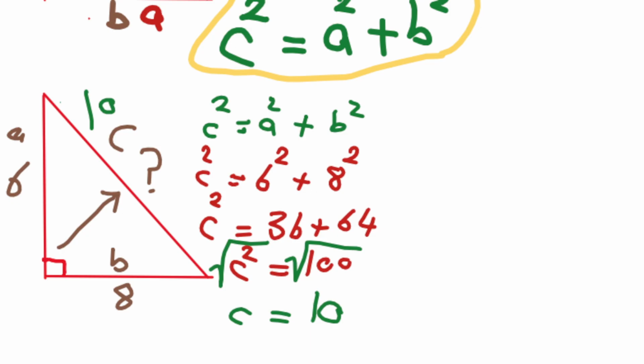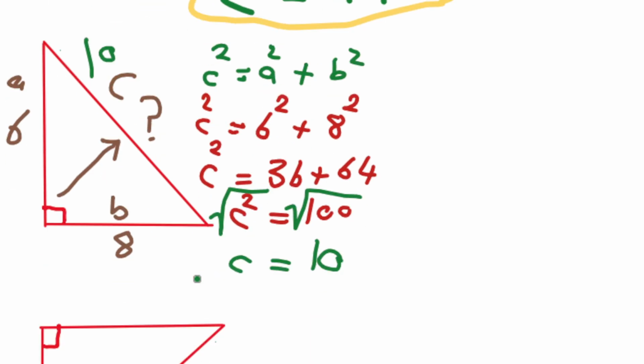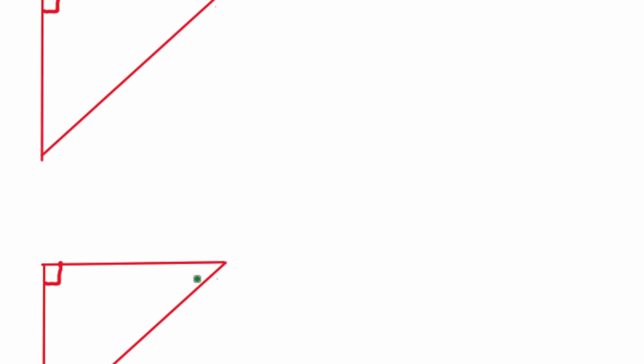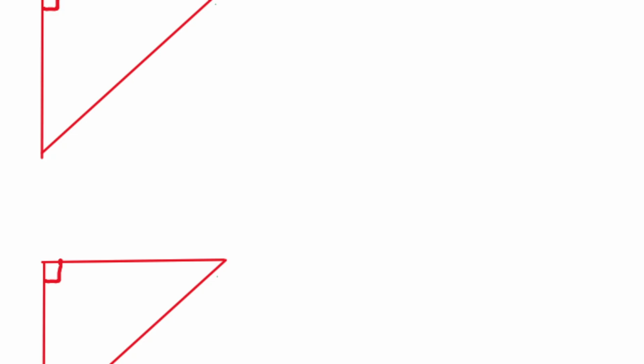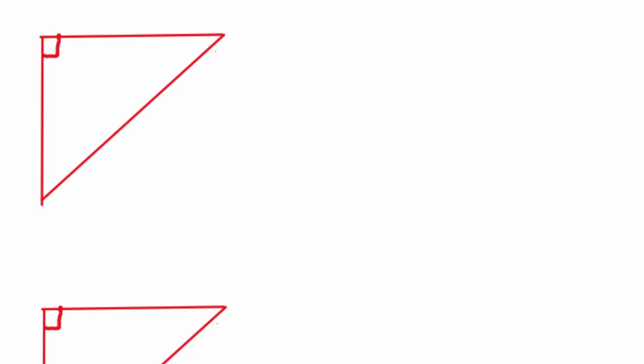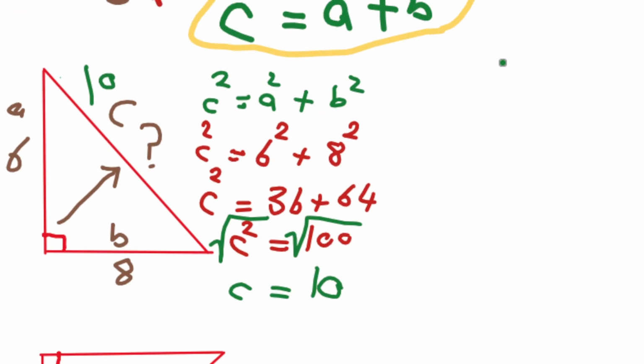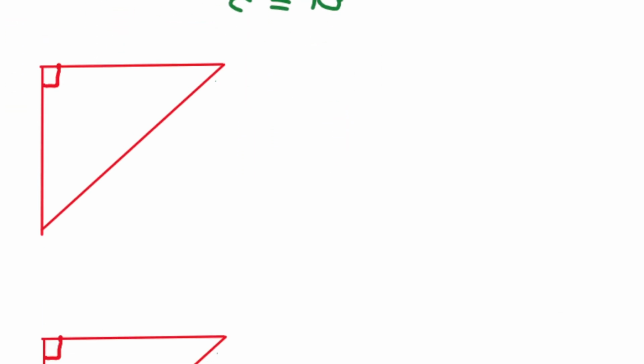Now we know how to find the missing side if it's the hypotenuse. But then, what if they give us the hypotenuse and they ask us to find some other side? This is what we'll see now. Let's apply the same method.